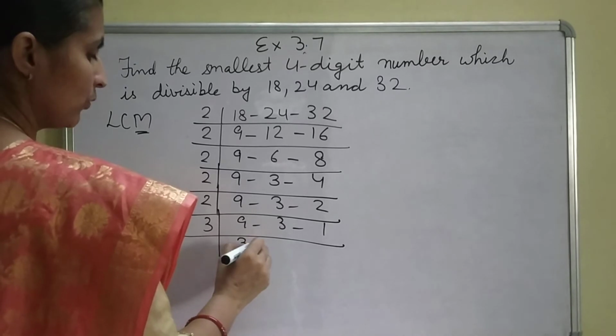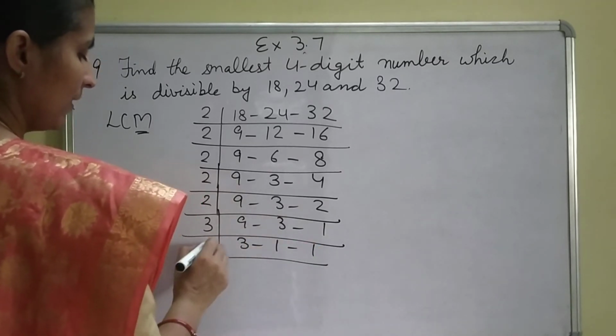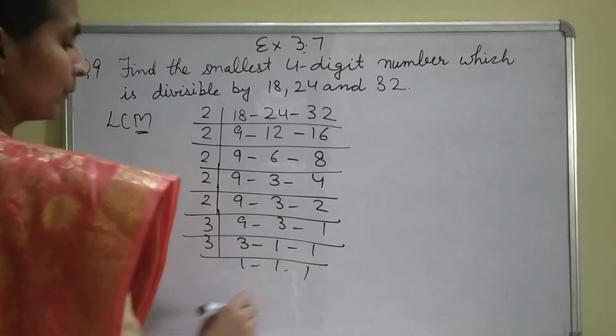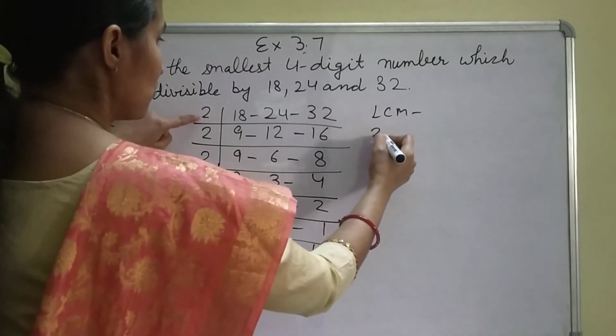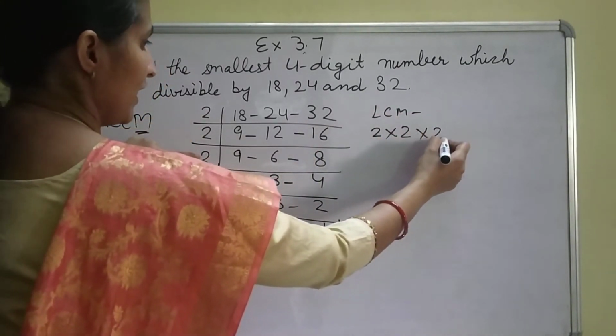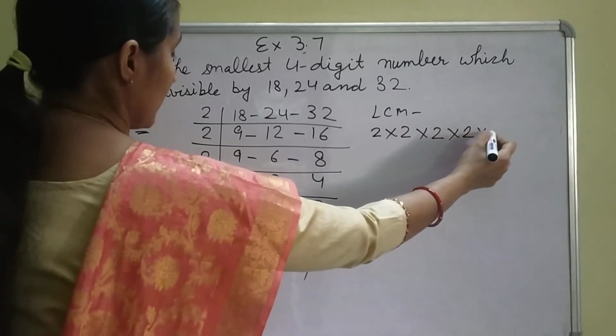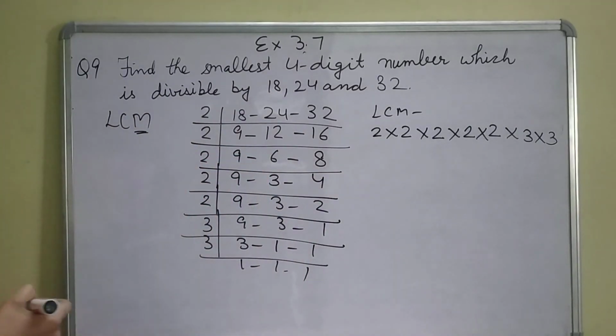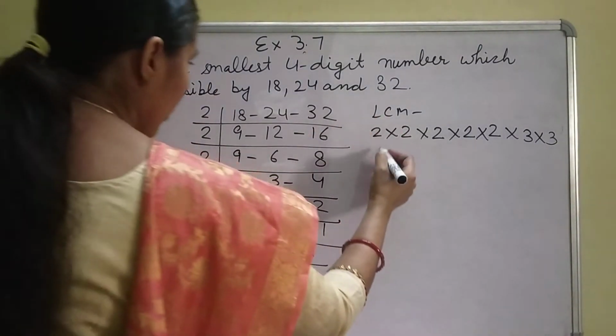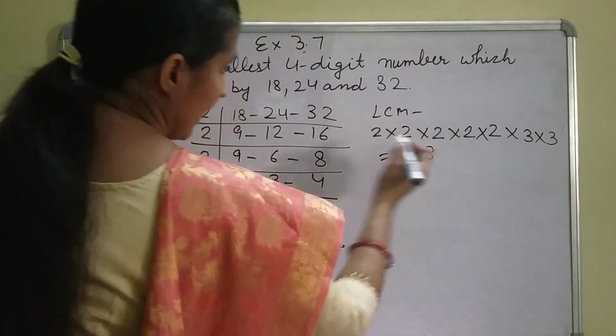Then by 3, 3 3s are 9, 3 1s are 3. Then again by 3. So the LCM is 2 multiplied by 2 by 2 by 2 by 2 by 3 by 3. When we multiply all these prime factors, we get 288.